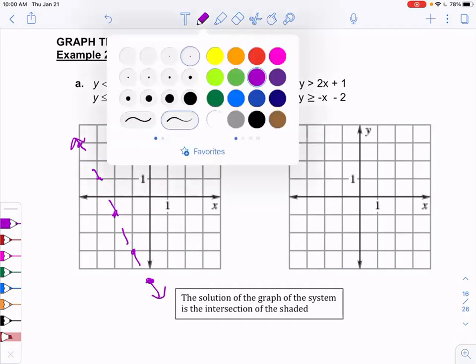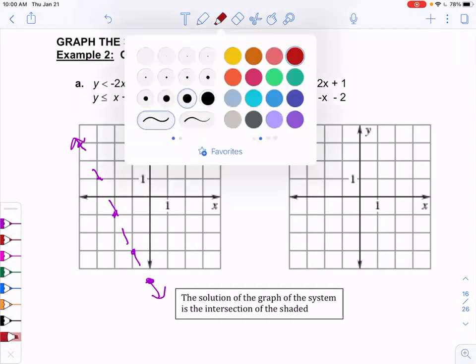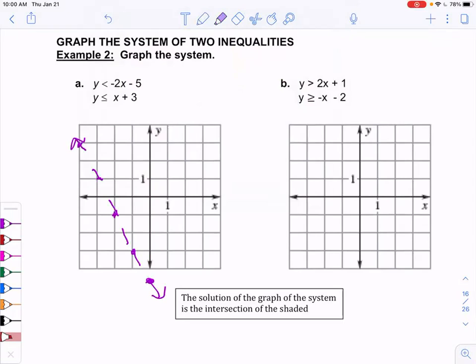Pick a colored pencil. And if we're shading, you really want to shade very, very light. So Michael, we're saying that it's less than, so we're going to shade above or below? Well, we pick a point, we go down, and we're going to shade this bottom region. If you're using a pencil, shade as light as you can.